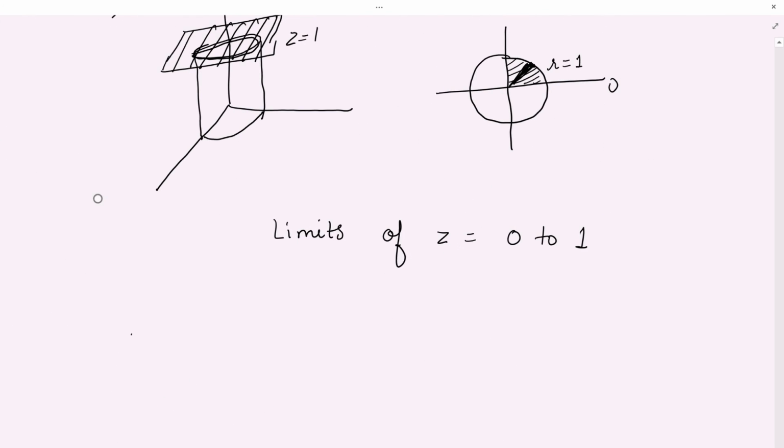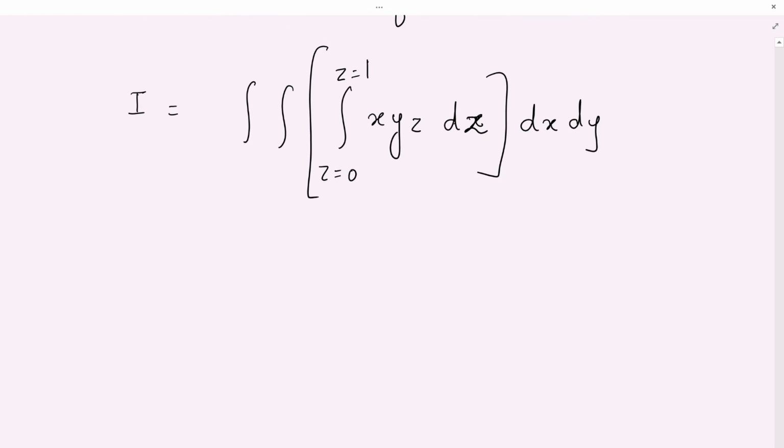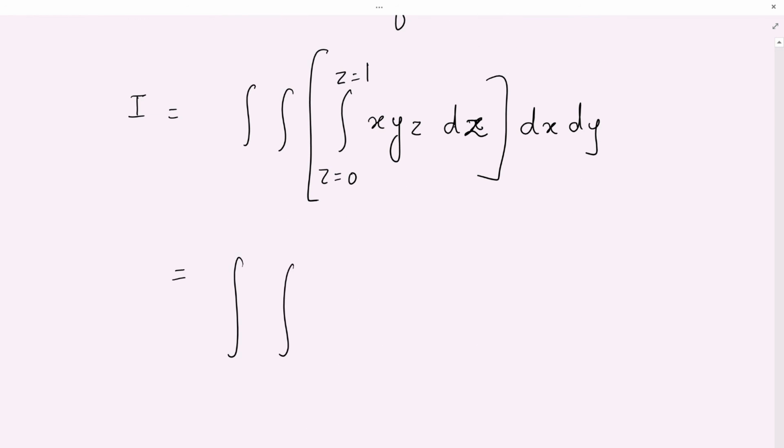So the integration I will become the triple integration of z = 0 to z = 1, and this is xyz dz, and then dx dy. So x and y can be taken outside. So you will have z²/2, the limits are 0 to 1, dx dy.